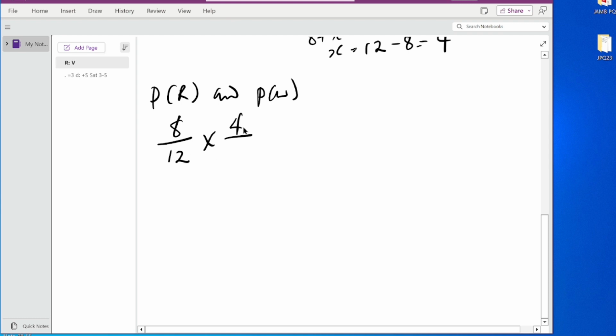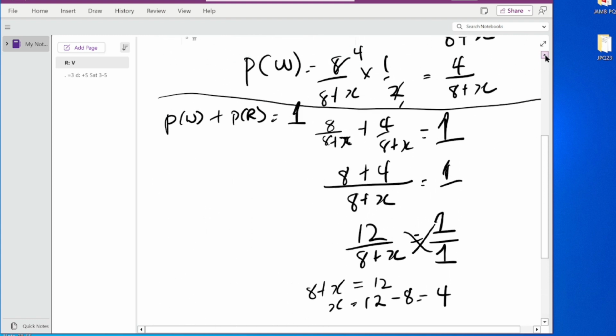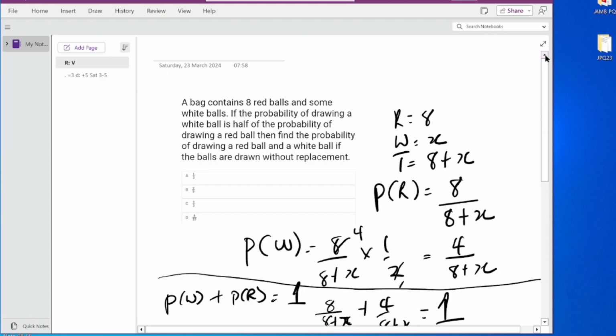The number of white balls will still be complete, so it will be 4 over 11. Is there anything we can cut here? 4 and 12, 4 here 1, 4 here 3. Our final answer is 8 over 33, which, scrolling back up, is D.